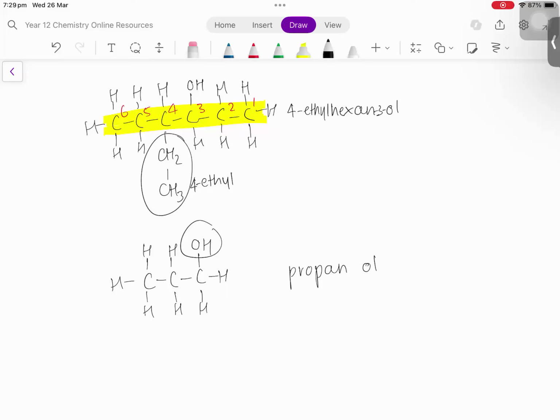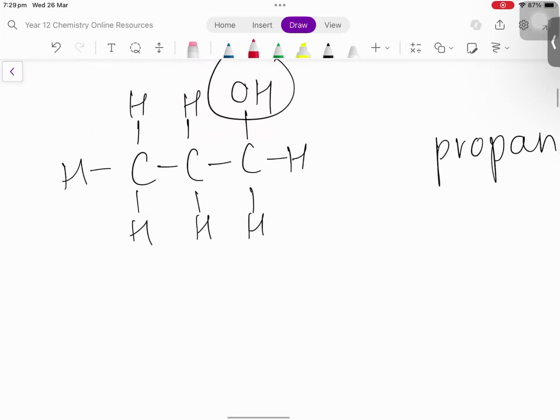Should I number left to right or right to left to give my OH the smallest location number? Right to left. Okay. So, how come we're counting backwards? It's not that you're counting backwards, it's that you're starting your numbering from the right. I'm starting my numbering from the right to give my main functional group the smallest number.